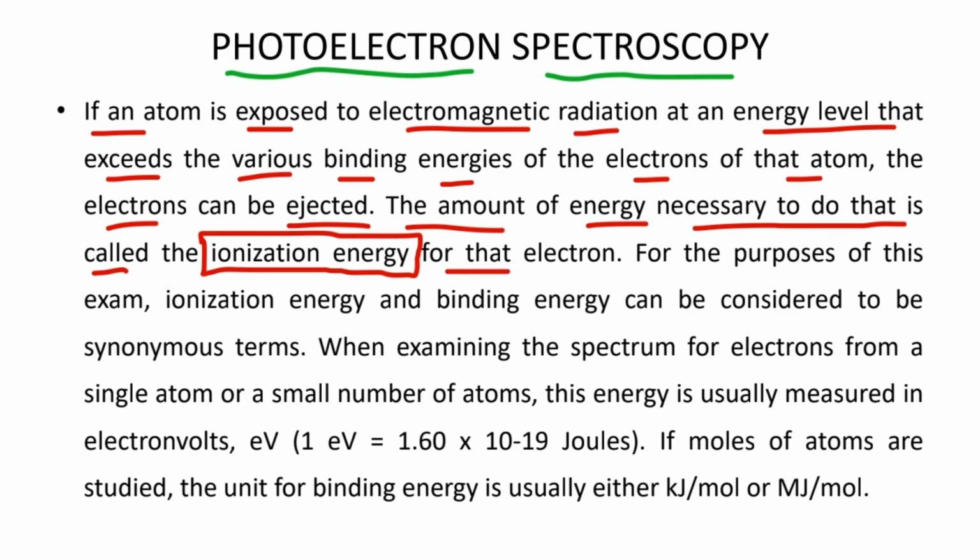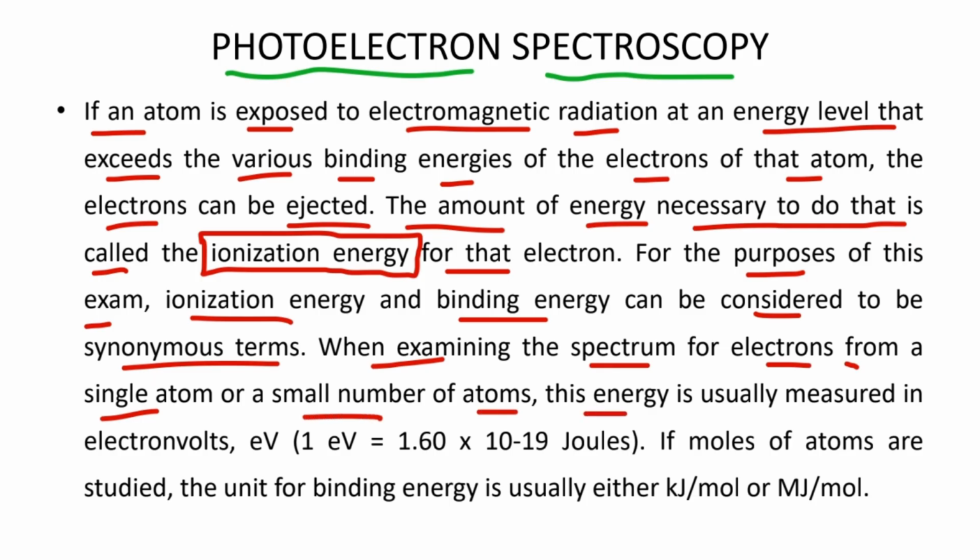For the purpose of this exam, ionization energy and binding energy can be considered to be synonymous terms. Okay, so again, ionization energy and binding energy are synonyms in this exam. When examining the spectrum for electrons from a single atom or a small number of atoms, this energy is usually measured in electron volts, which is eV.